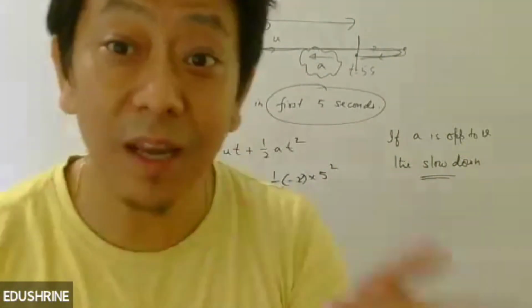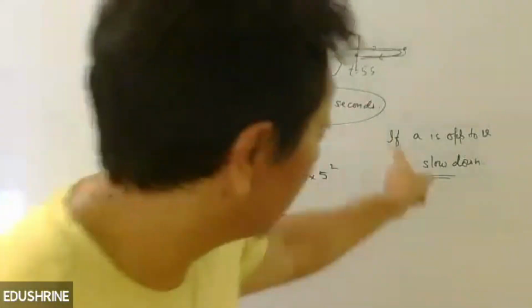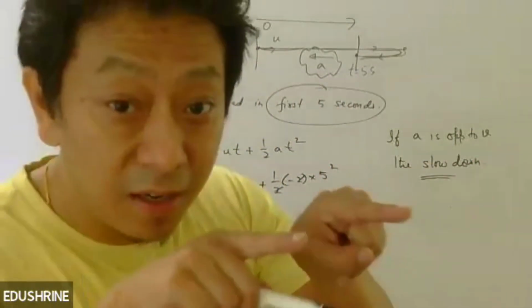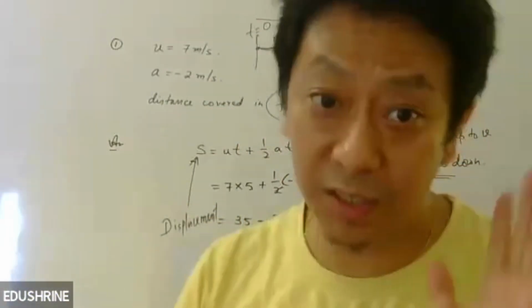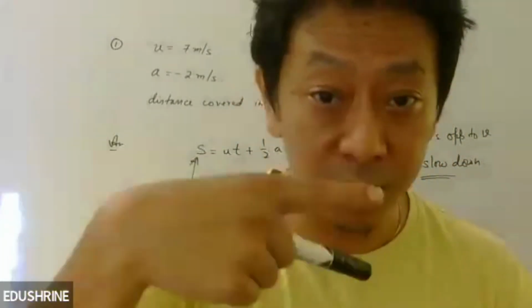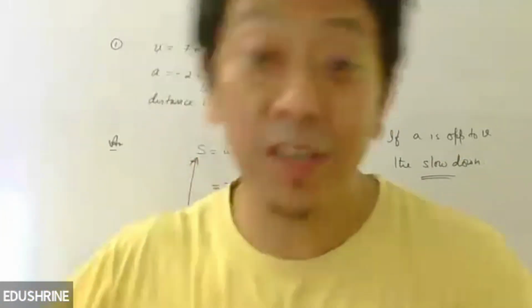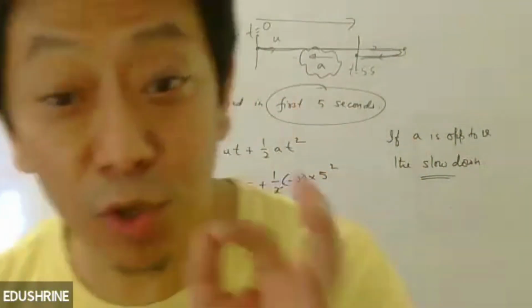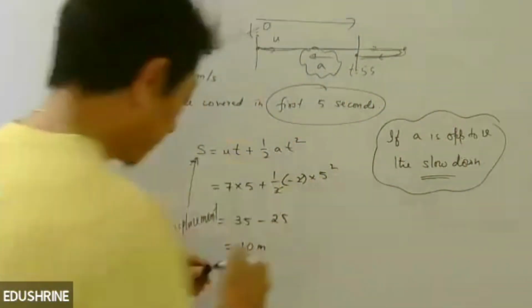So don't say A negative means the body will slow down or move fast. If they are in the same direction, positive, positive or negative, negative, then faster. If A is positive and V is negative, or A is negative and V is positive, then it will move slower. Try to remember this.